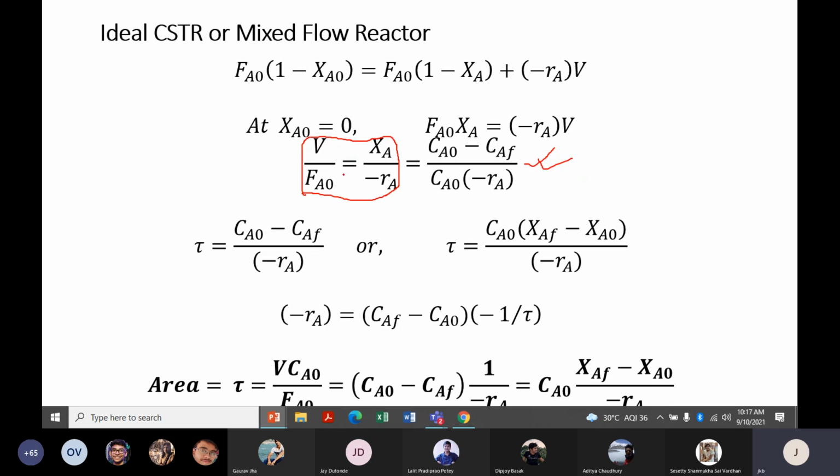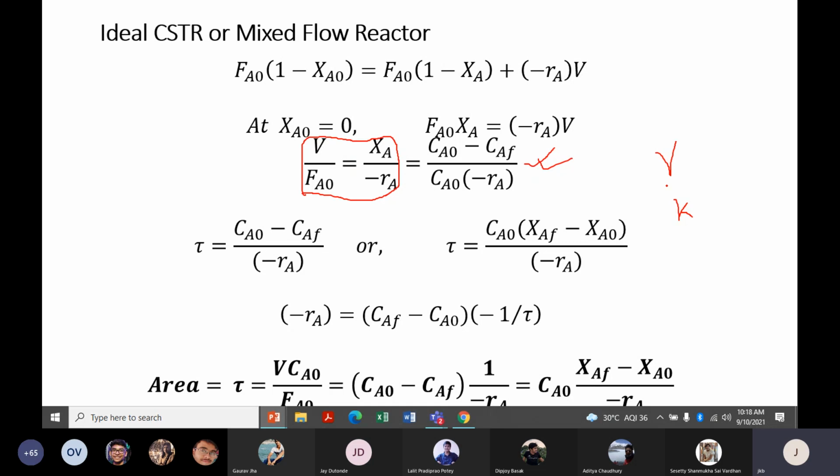So the same mole balance has two applications: either for kinetic study, or for reactor design. Reactor design means finding volume, that is volume will be the output, and for kinetic study, the rate constant will be the calculated parameter.